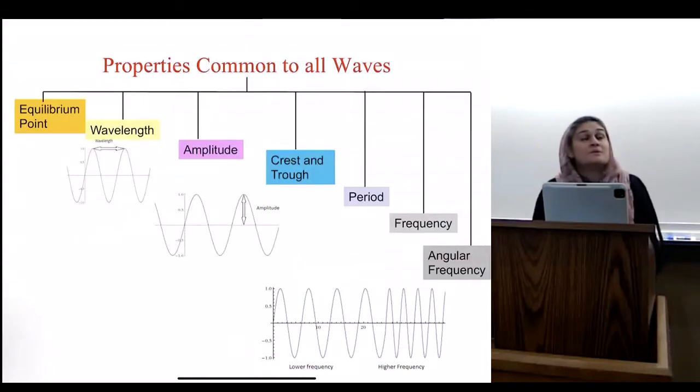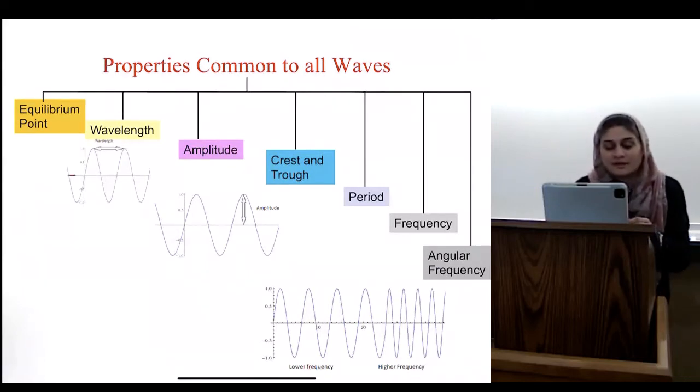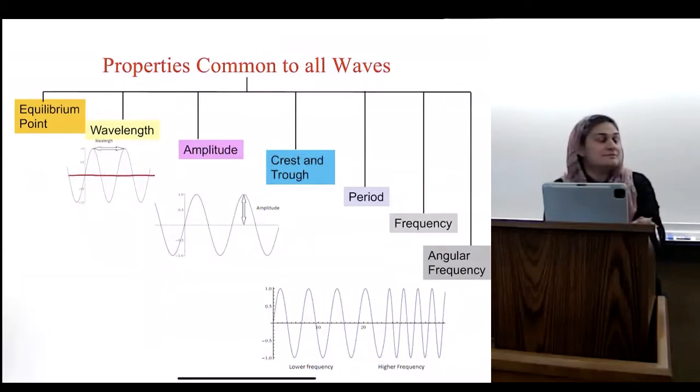Okay, so all waves, regardless of what they are, will have these common properties. Equilibrium point is the point that's in the middle. It's where the wave comes to rest, where nothing happens to it. The wavelength is just the length of the wave.